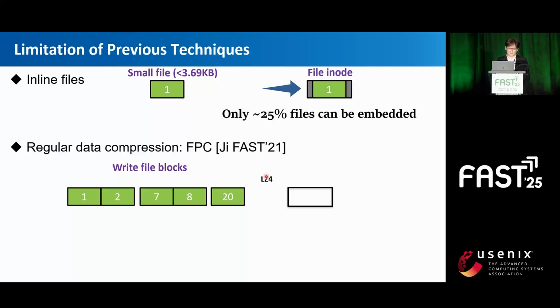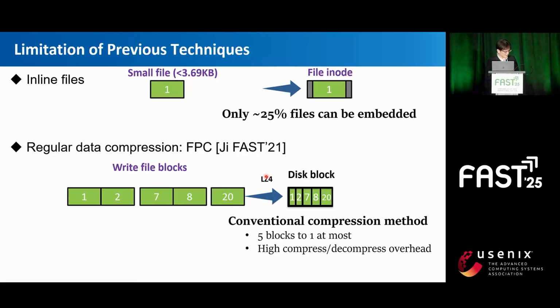And for the second method, of course, we can use regular data compression on F2FS. Here we show 5 blocks, and they are compressed and packed into one single block, so we can reduce the write I/O count. But the problem here is regular data compression, not delta yet.